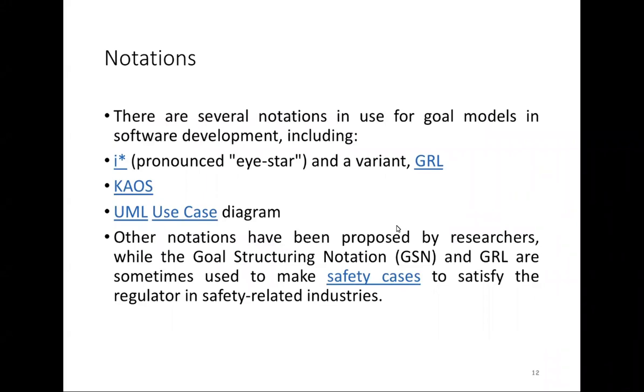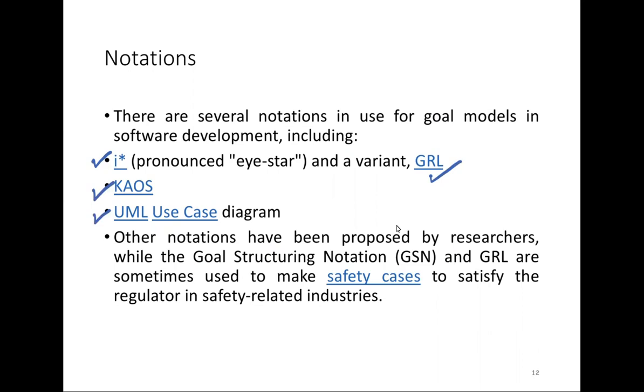The most common notations are the I-star notation and its variants, the goal-oriented requirement language, the GRL, also the KAOS notation, and of course UML use case diagrams.